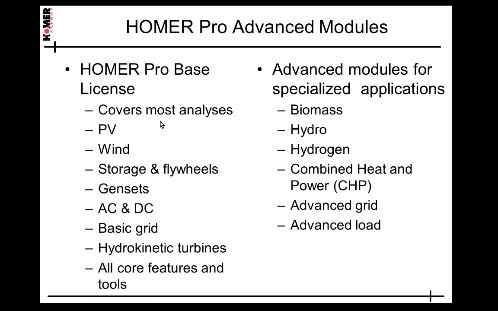It contains all the features you need to analyze a microgrid or a hybrid renewable power system with wind diesel or, say, solar diesel and some storage, as well as a wide suite of analytical and visualization tools that are included in all of our products. In addition to the base product, we have some advanced modules. They're listed out here. Those are really pulled off so that we can specifically develop those, and you can have access to targeted technologies that meet exactly your needs.